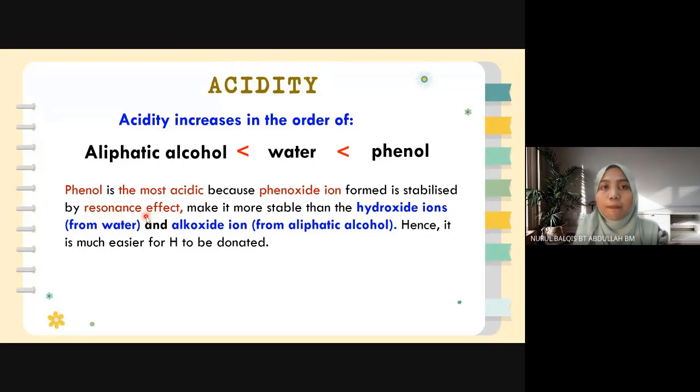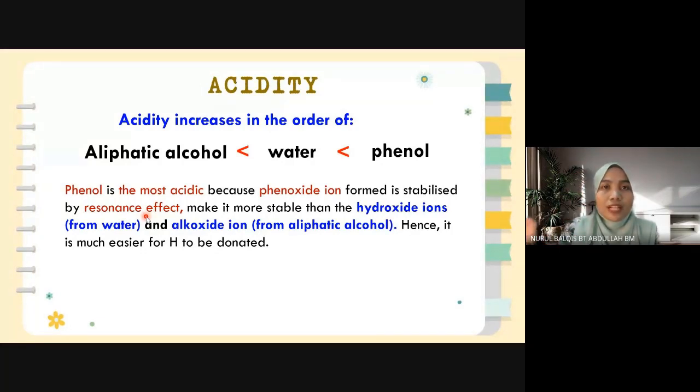An aromatic compound has 4 criteria to be obeyed in order to become an aromatic ring. First is cyclic, second is planar, third is completely conjugated. On this third factor, being completely conjugated allows this phenoxide ion to have this resonance effect.